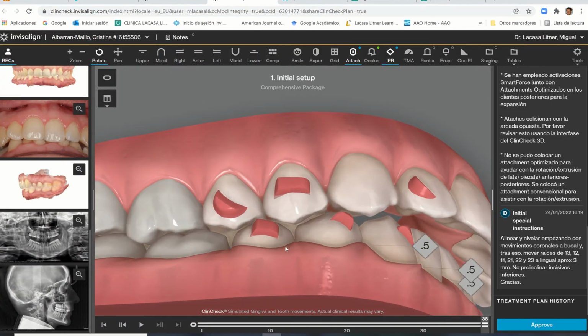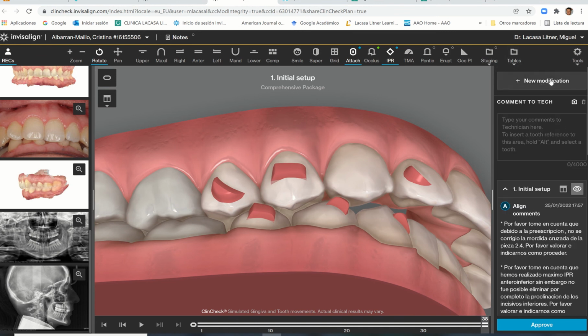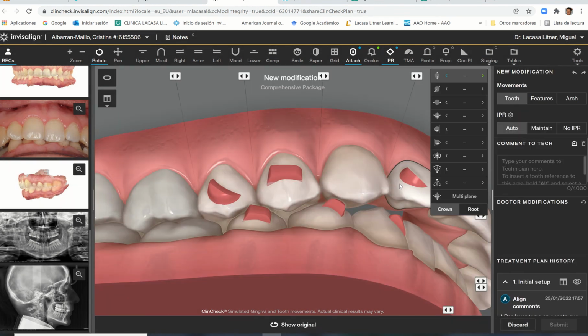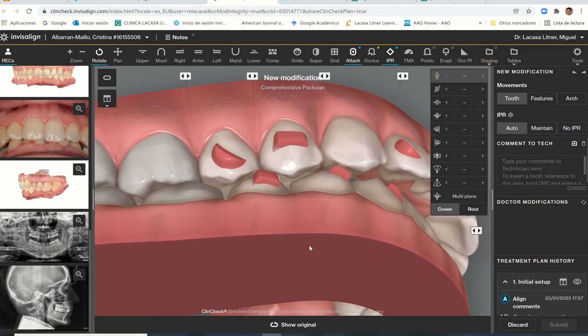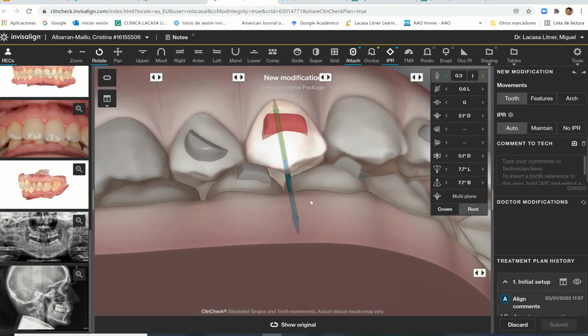And then what I'm going to do, okay, first thing, as I'm sure that I'm going to modify these clean checks as 99% of the times we should do, I click on this one and it says that the crown is moving 1.2 to the buccal and the root is moving to the lingual. The other one, more or less the same thing.